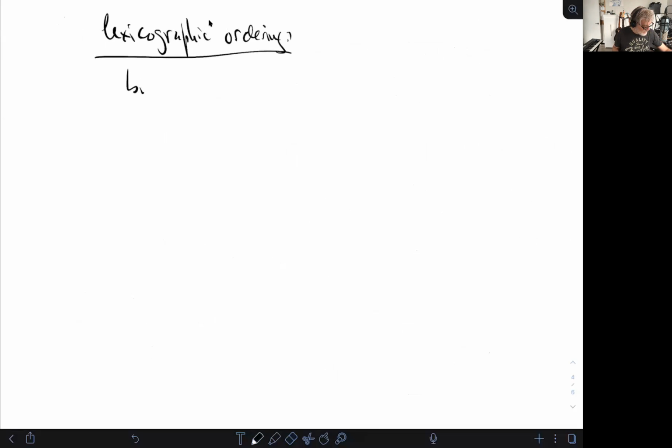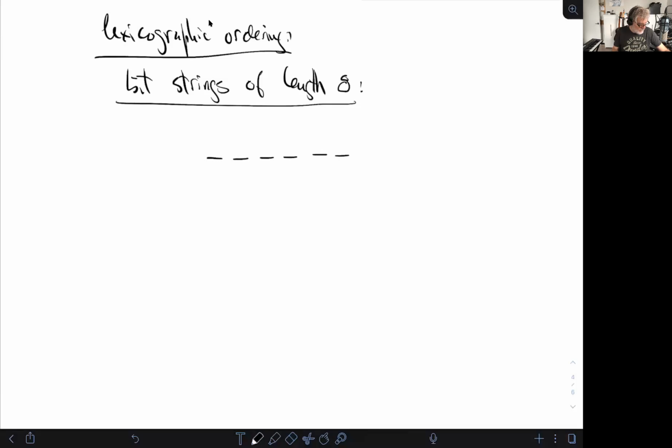Okay, so let's say I have bit strings of length, let's actually choose a number rather than n, let's make it 8. I want to compare them in the following way: I want to say this bit string comes before this other bit string. How do I compare them? I do exactly as in alphabetical order. Let's say they both start with 1, then I can't say anything.